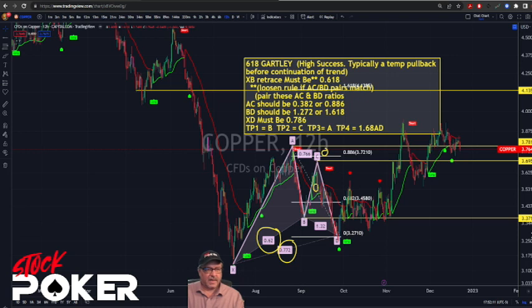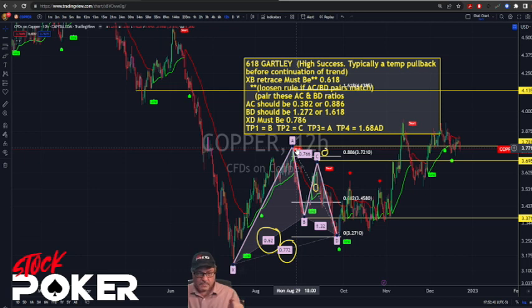So just a quick recap of the Gartley. Your first retracement of your first XB has to be the 0.618. Your two, almost like a double top, or it is a double top basically, should ideally be 0.382 or 0.886.